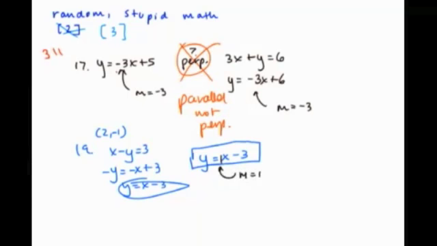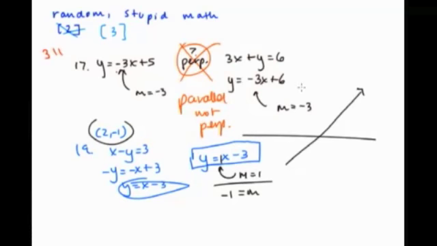And we already did something like this before. What's the perpendicular of a slope that's 1? Well, perpendicular would be negative 1 as the slope, right? So the graph would go like this. That's x minus 3, and the perpendicular would be something like that.